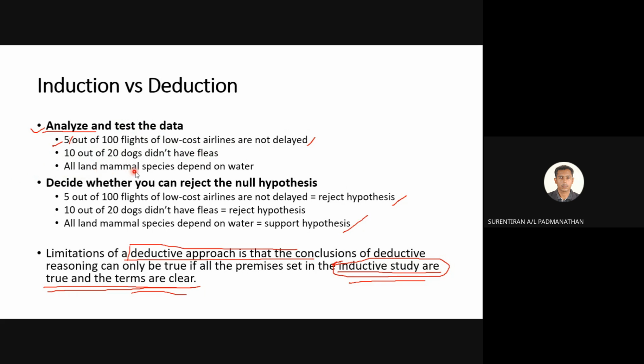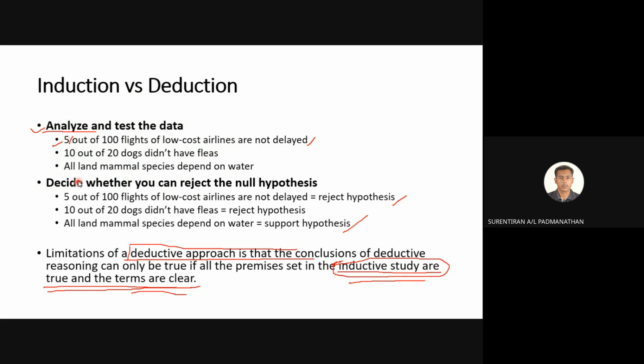All land mammal species depend on water. These are the analyses that we get from the collected data. This is why analysis is very important, so that we can come up with results based on the data. Now we conclude.